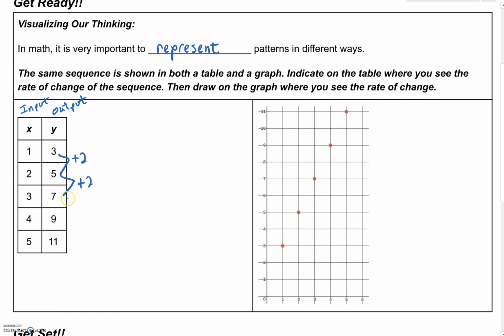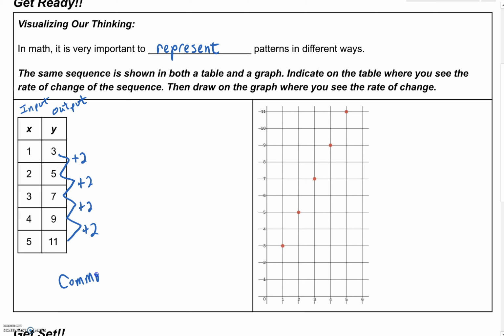That didn't just happen once, but you can see that going from 5 to 7, you're adding 2. From 7 to 9, you're adding 2. From 9 to 11, you're adding 2. This leads us to see that we have an arithmetic sequence. And for this arithmetic sequence, we can say that the number that we're adding consistently is called our common difference.